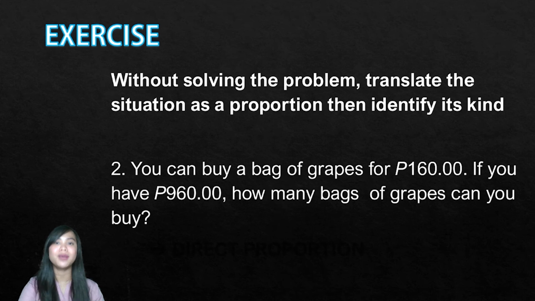Okay, let's have another problem. Number 2: You can buy a bag of grapes for 160 pesos. If you have a budget of 960 pesos, how many bags of grapes can you buy? Per bag of grapes, we have 160 pesos, so 1 is to 160.